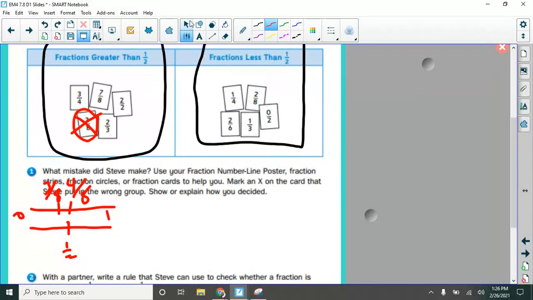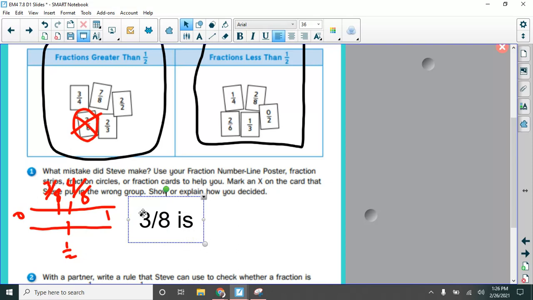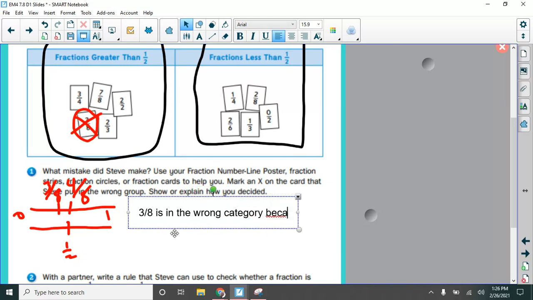As a sentence, I would explain: 3/8 is in the wrong category because it should be less.